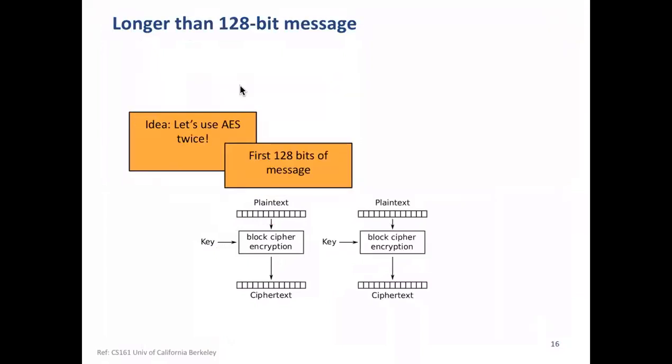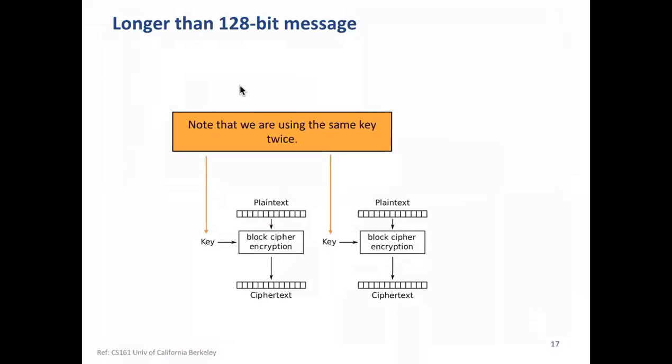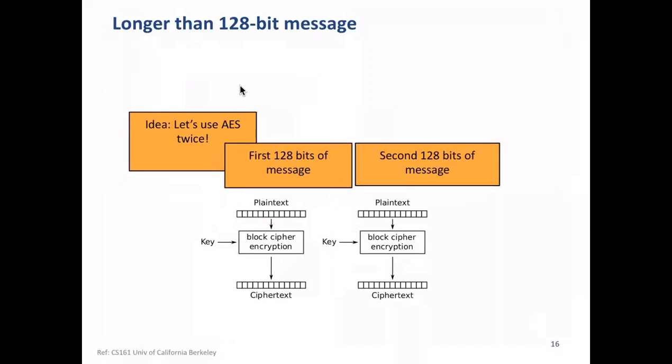So this is what we have done. Use it twice. This is 128 bits of message, this is the second 128 bits of message, and then you get the result here. But do you notice something here? What do you notice? First, of course, the message size has to be 256. That's the first thing you notice. What is the other thing you notice?